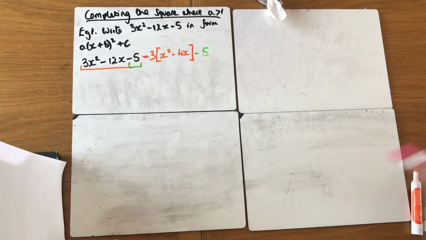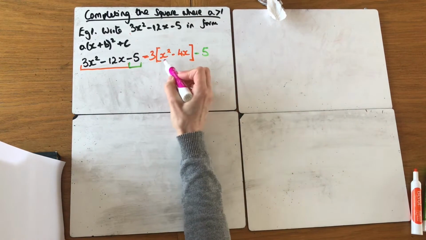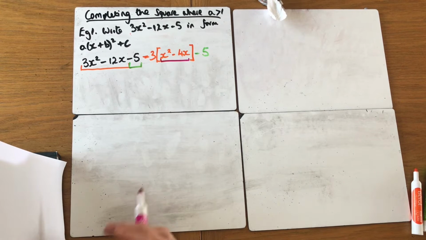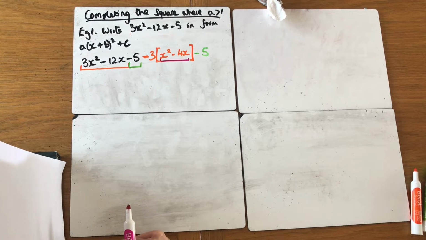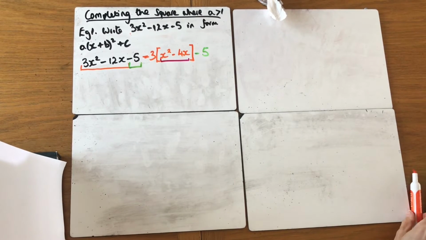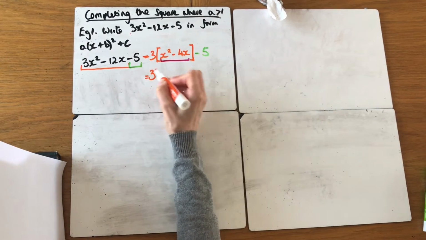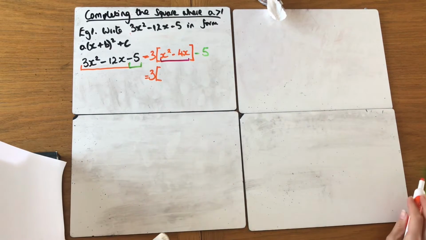What I'm going to do now is look at what's inside the brackets. So this x squared minus 4x, and I'm going to complete the square on it using halve it, square it, subtract it. So not doing anything with the 3, open my square bracket.